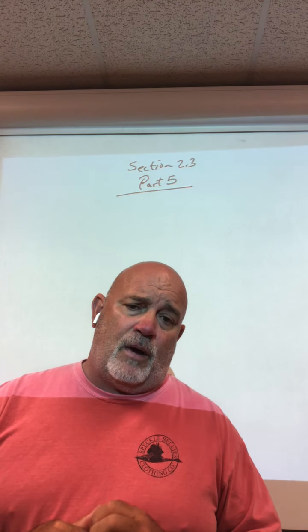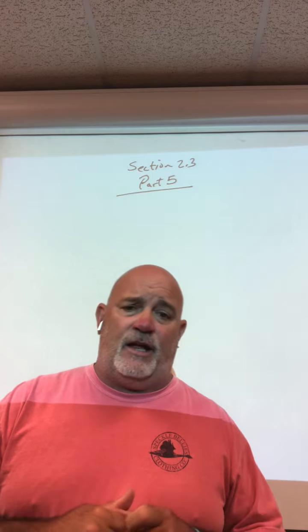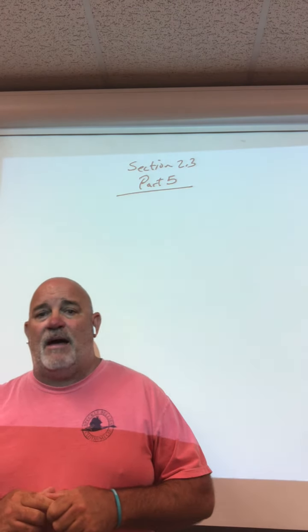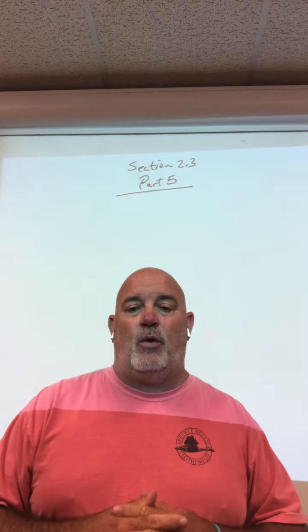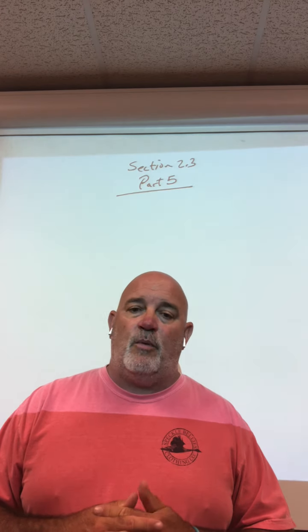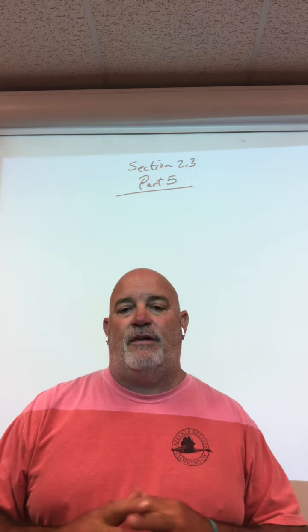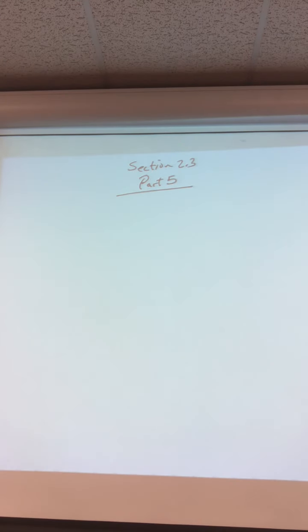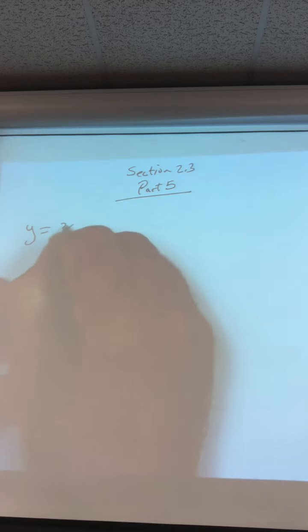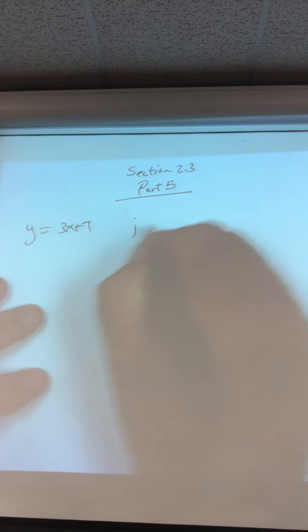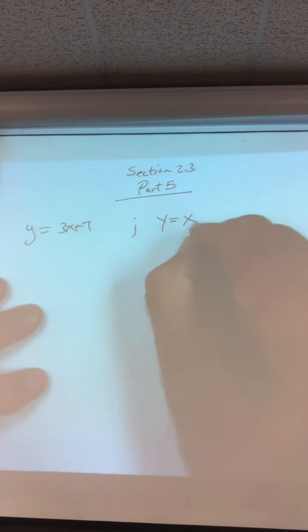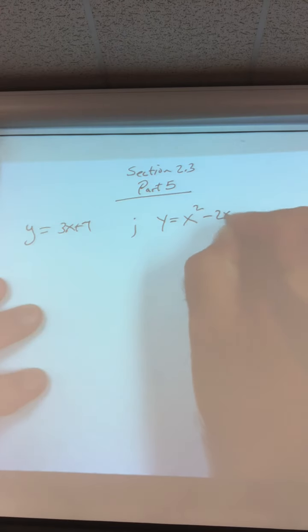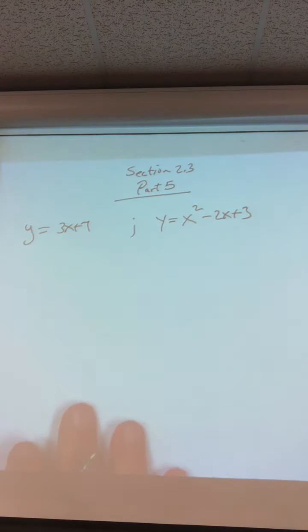Now, if you'll remember in the last video, when we were talking about finding the domain of an equation, we always started out and solved it for y. So in other words, we maybe wrote something like y equals 3x plus 7, or y equals x squared minus 2x plus 3, something like that.